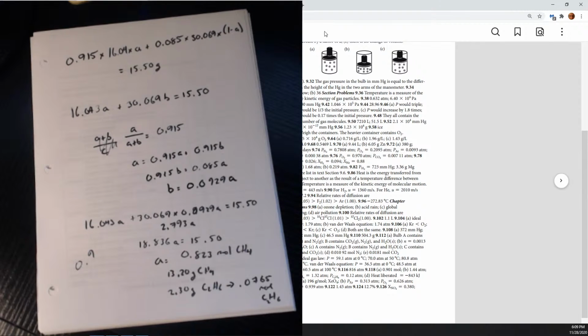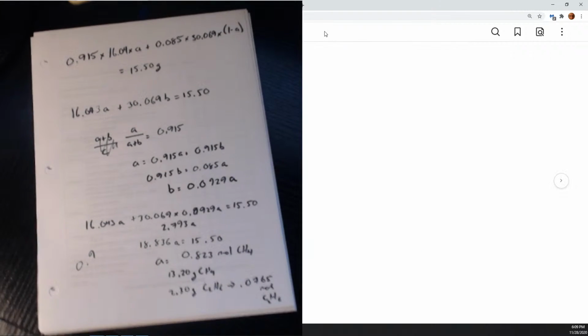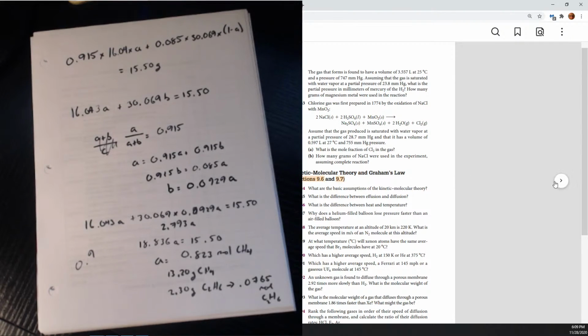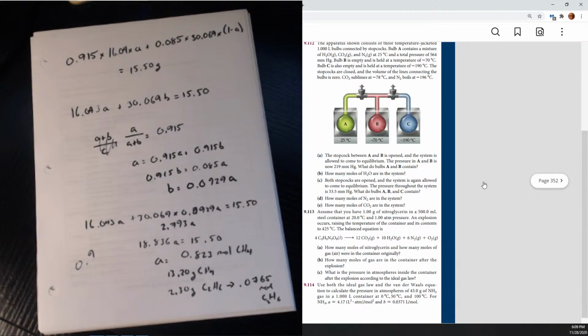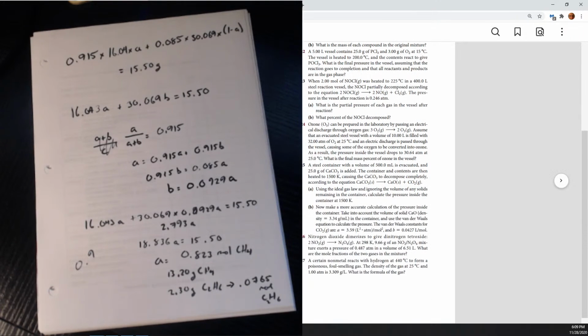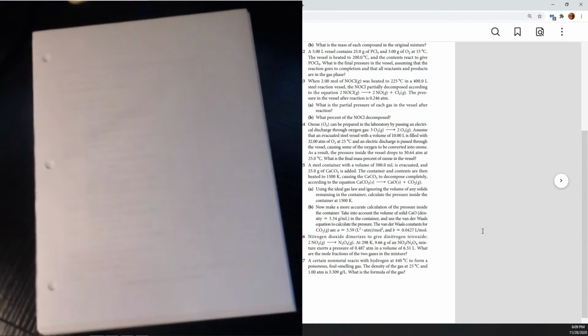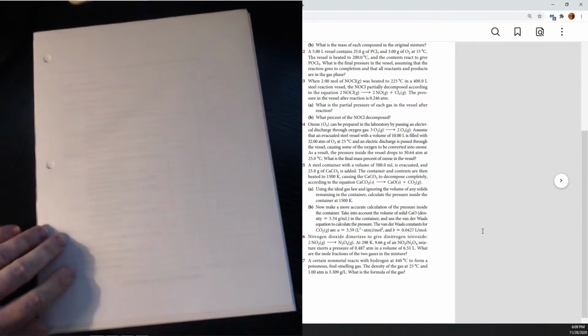All right, so now back to 350. 351. 352. Okay, what is the pressure of the sample in atmospheres? Our total is 0.9. I'm going to keep this rather closer to hand than that.